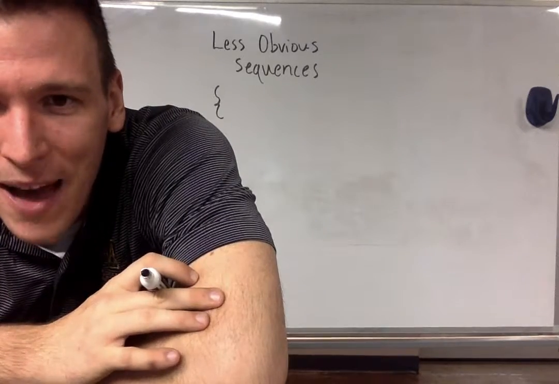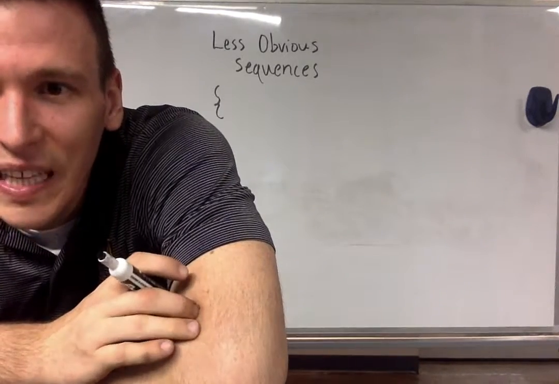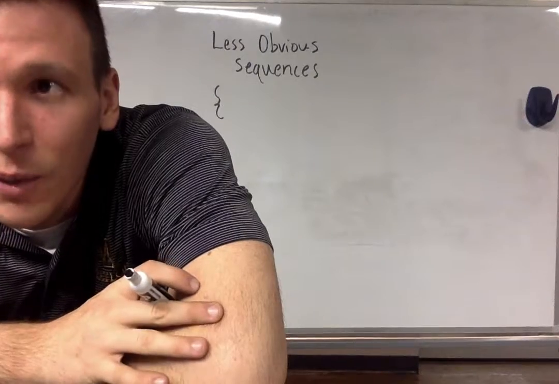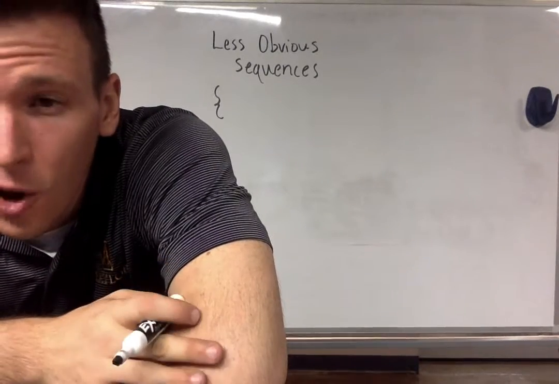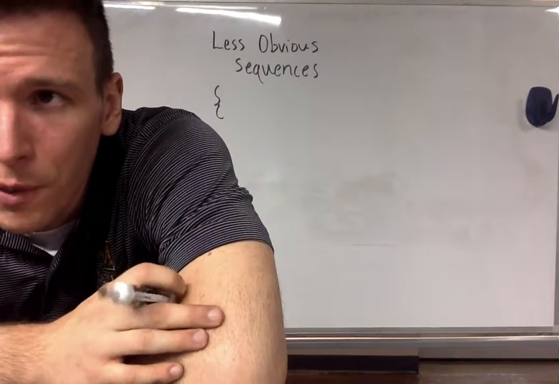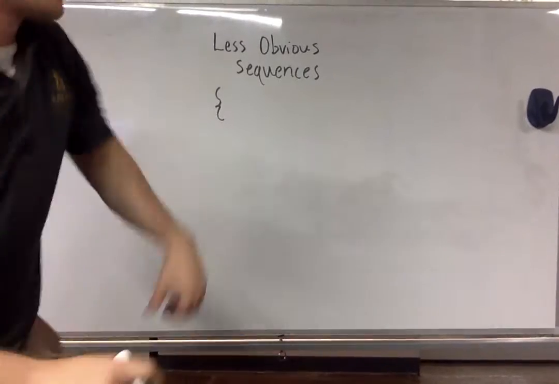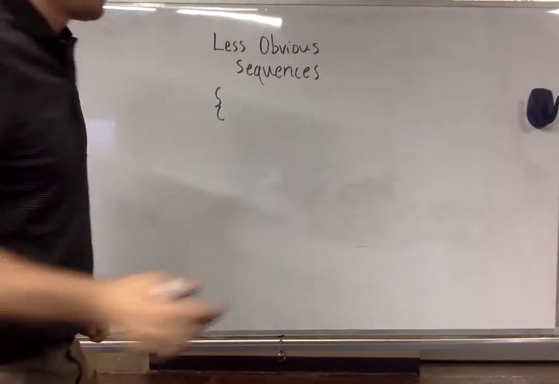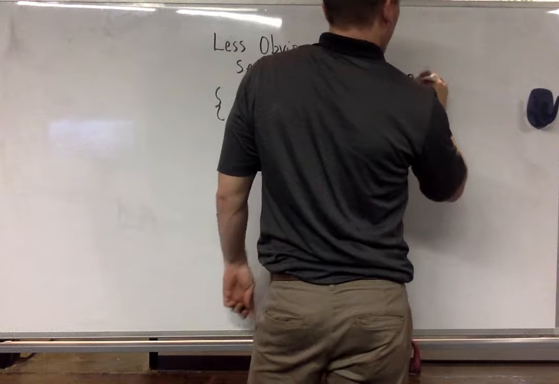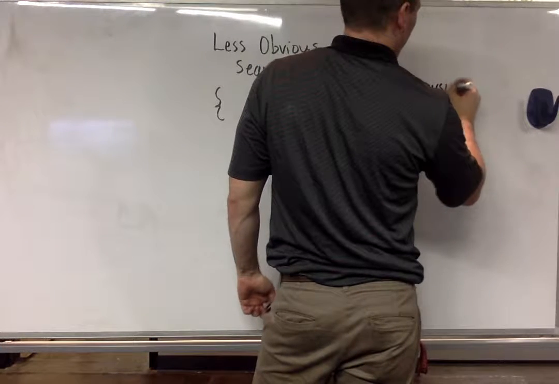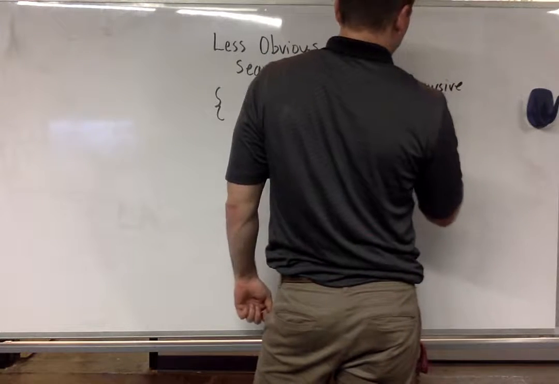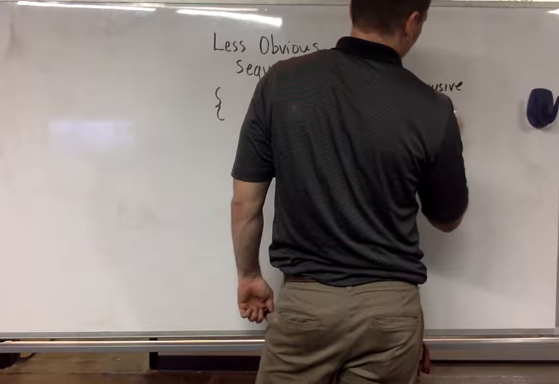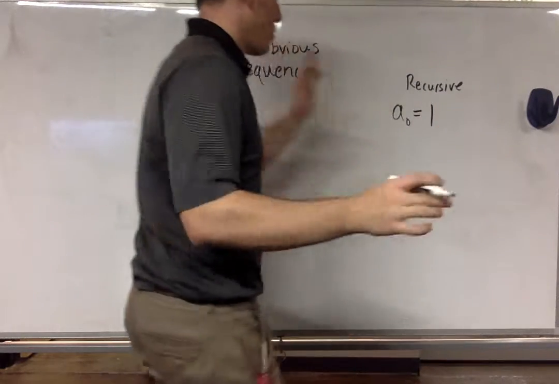I came up with a pattern that I really, really liked and I didn't know exactly what to do with. So what I ended up working through is I started in my head with the recursive rule, actually. So I defined this recursively, and I said, okay, my initial term, a sub 0, can be 1, fine, who cares?